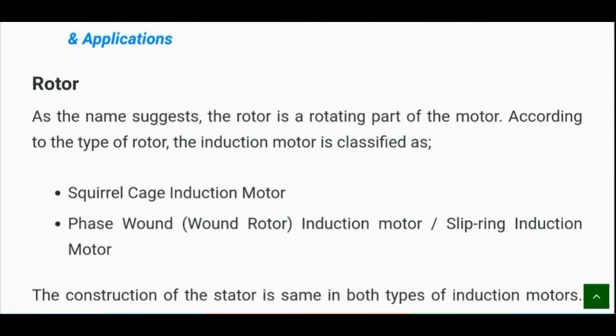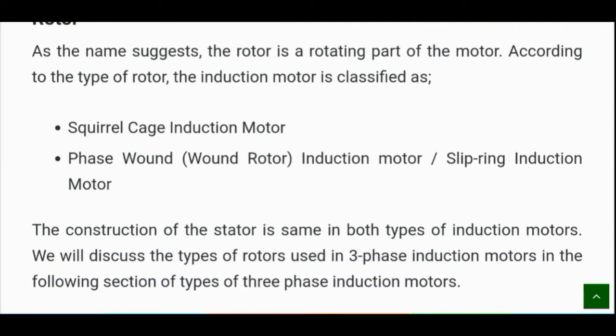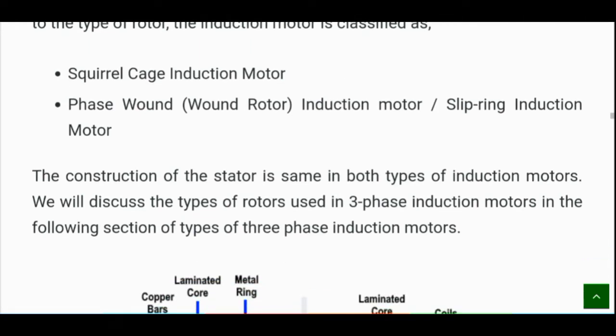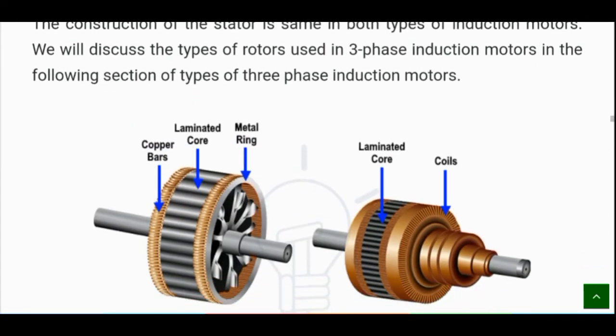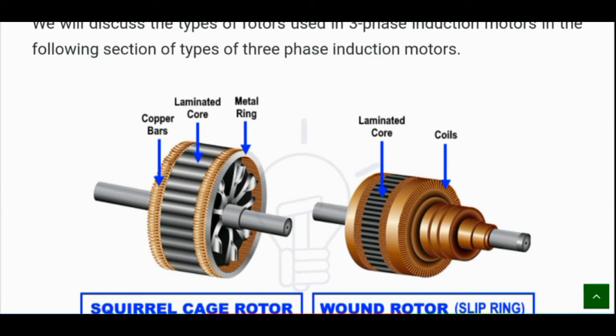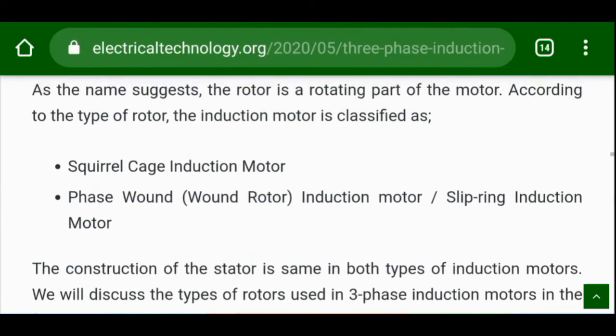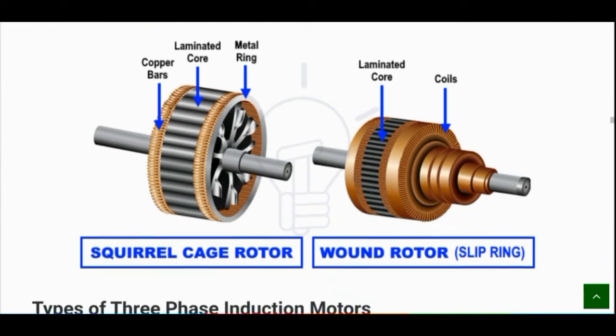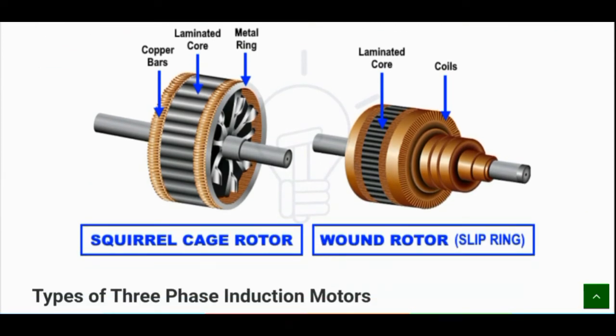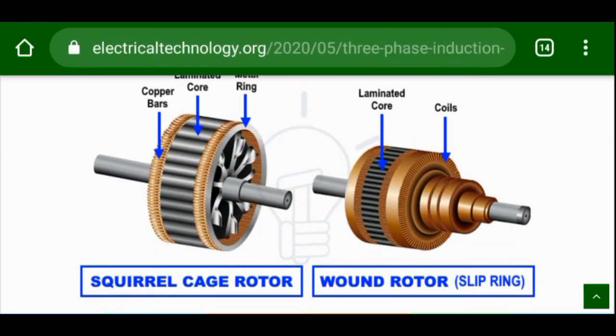According to the type of motor, the induction motor is classified as squirrel cage induction motor, phase wound induction motor, slip ring induction motor. Here is the construction of squirrel cage induction motor and wound rotor.